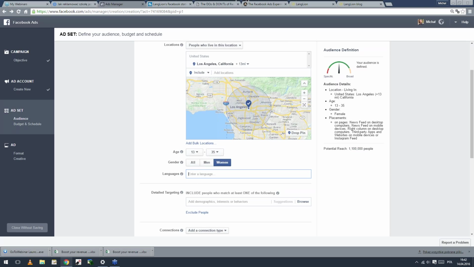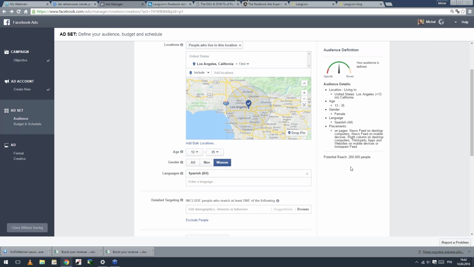And for example, people that speak English, or even better, they speak Spanish. 260,000 people that have marked on their profiles that they speak Spanish. Those are probably partly immigrants, people who were born in the United States but in Latino families, or different, newest generations of people who lived there for a long time.